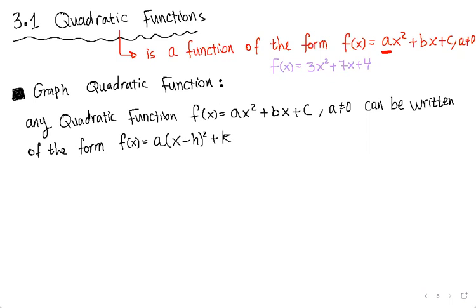So look, any quadratic function, I can write this quadratic in the form f of x equals a times (x minus h) squared plus k. This form is called the standard form.